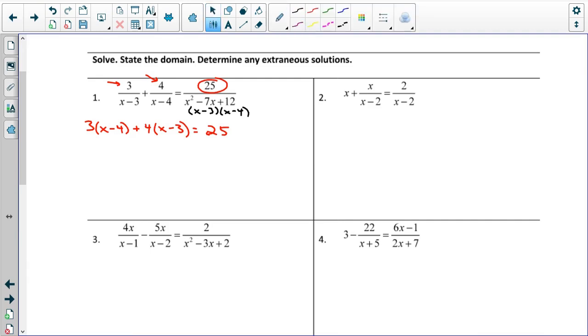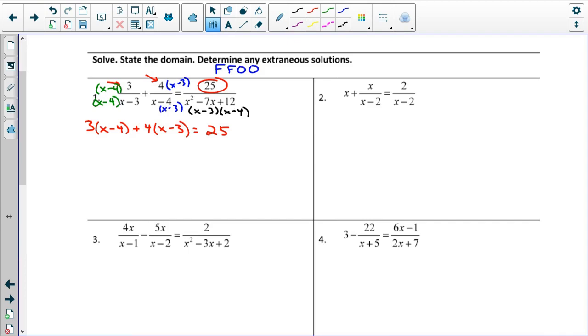Now, what's really happening is I'm taking x minus 4 and multiplying the top and bottom of the first term by x minus 4. I'm taking x minus 3 and multiplying the top and bottom of the second one by x minus 3. So really, I'm multiplying by 1 in every spot that I have to multiply.